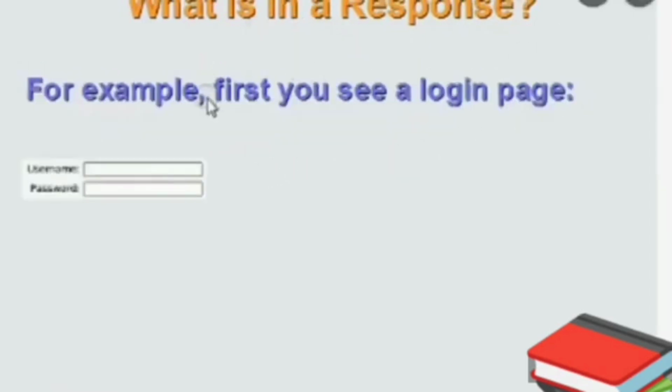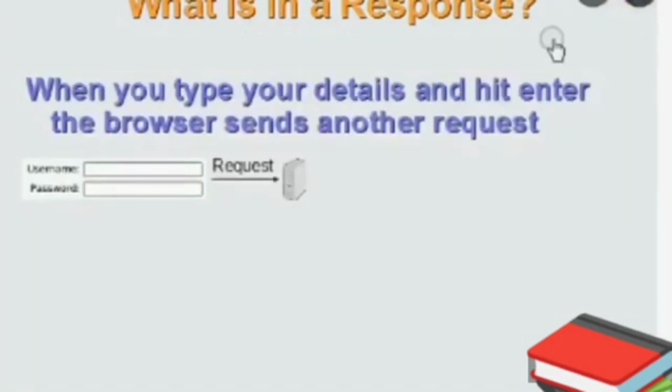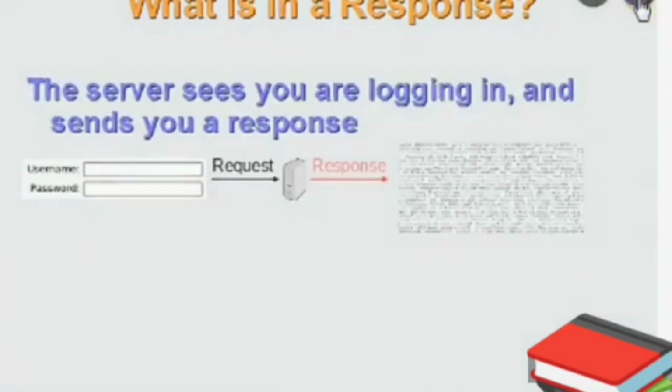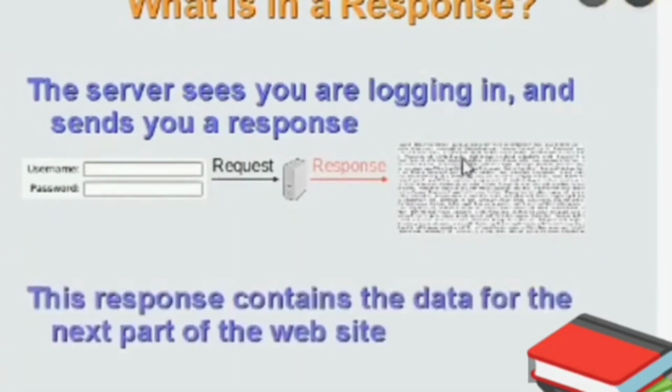Now, for example, first you see a login. When you type your details and hit enter, the server sees you are logging in and sends you a response. This response contains the data for the next part of the website.